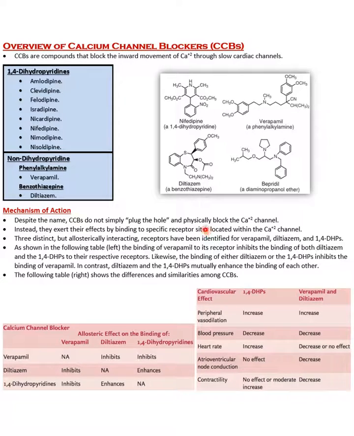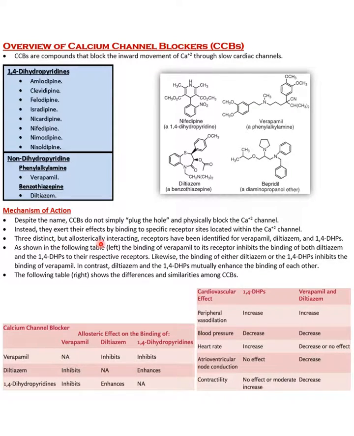You probably have seen in Dr. Bazel's notes that there are 2 types of receptors, the L and the T. The L, as in Larry, type is the only one we have drugs available for. The T, as in Tom, type, we don't have any drugs designed for it. Anyway, the L receptor has certain binding sites where these drugs bind, and they change the structure of the channel such that the channel is blocked and is no longer able to let the calcium pass through.